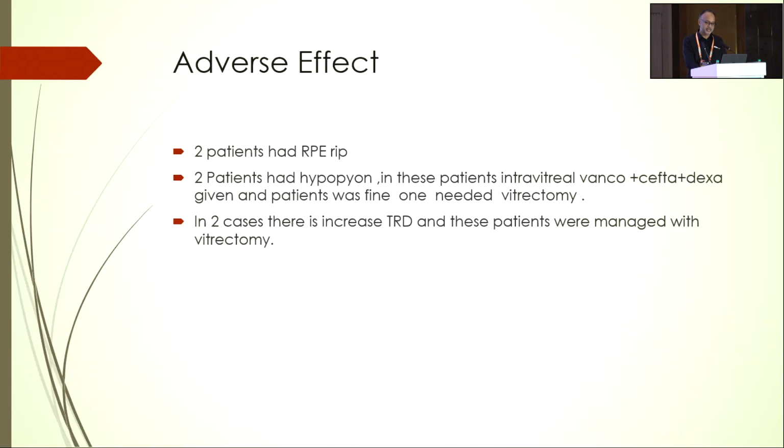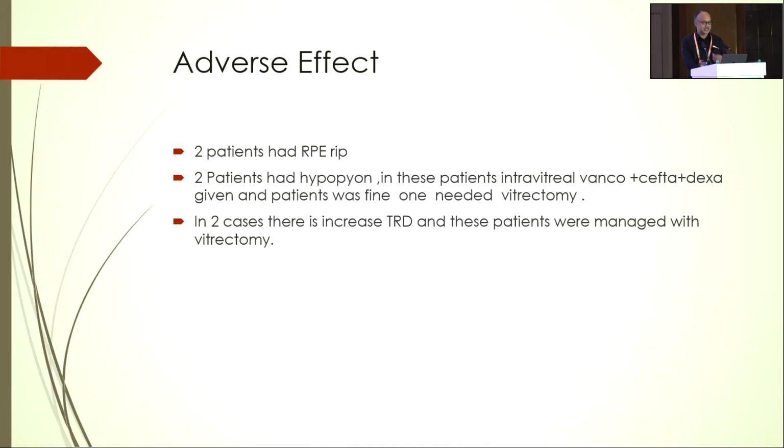Coming directly to the bad things first: in the initial 100 cases, 2 patients had RPE rip, 2 patients had hypopyon, out of which 1 needed vitrectomy. And in 2 diabetic cases, there was an increase in tractional retinal detachment, and these patients were managed with vitrectomy.